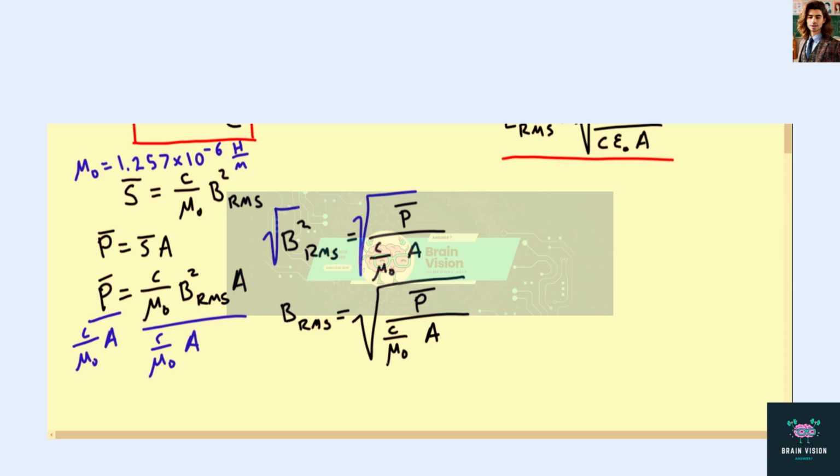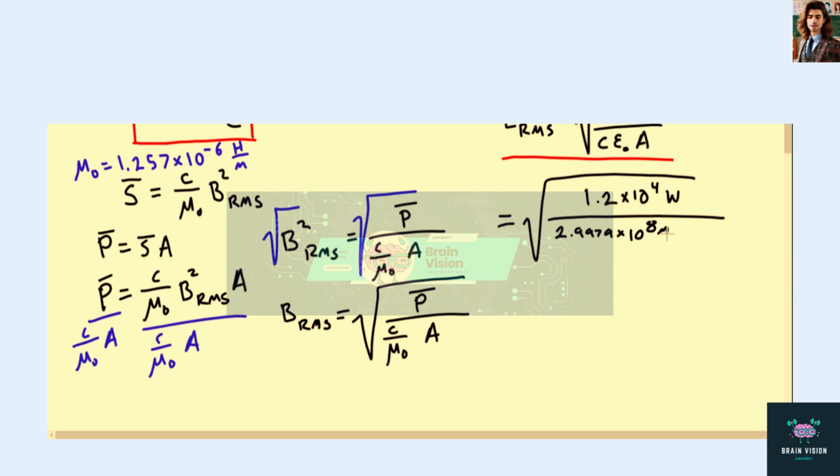And just as we did before, then all we need to do is start plugging in our values. Using the same power that we had, 1.2 times 10 to the 4 watts. C is still the speed of light. Now we use our value of mu naught that we have over there, 1.257 times 10 to the minus 6.